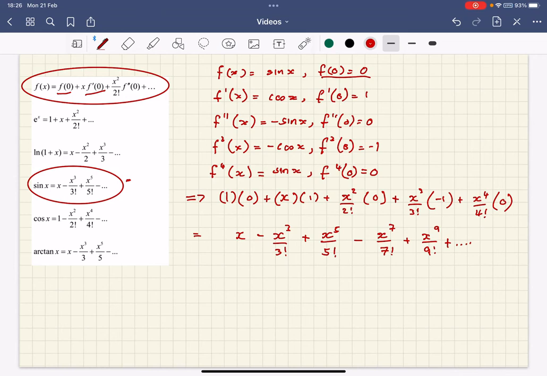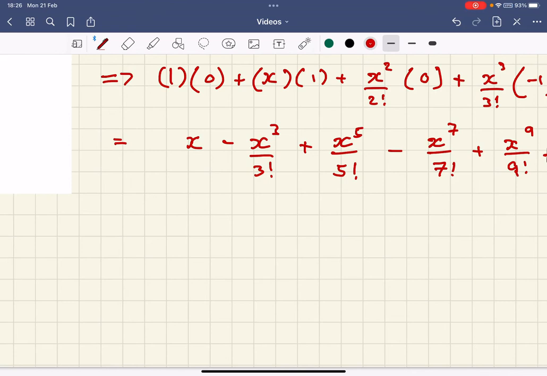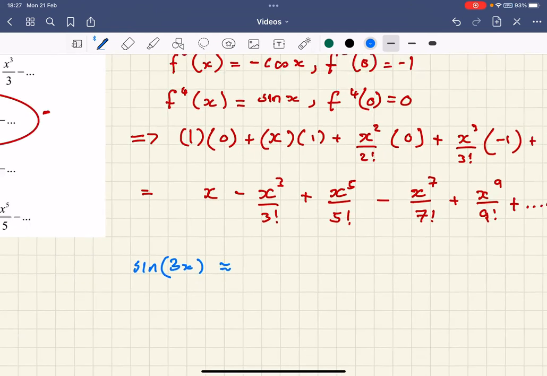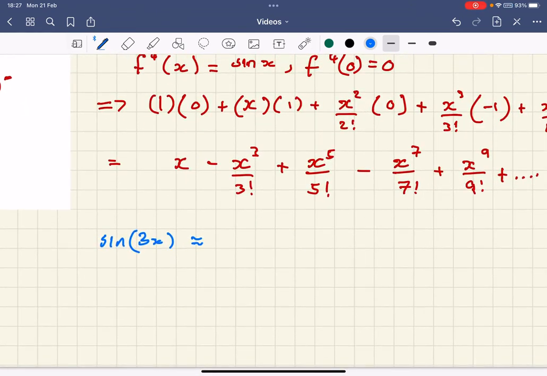Now, just as a tiny bit more of an extension to that, we're going to do a Maclaurin's expansion for sine 3x, and I'll do it down here, keeping it on the same page, but I'll do it in a different colour. So for sine 3x, we don't need to go through that whole expansion again. We're going to take the expansion that we've got above and replace the x here with 3x.